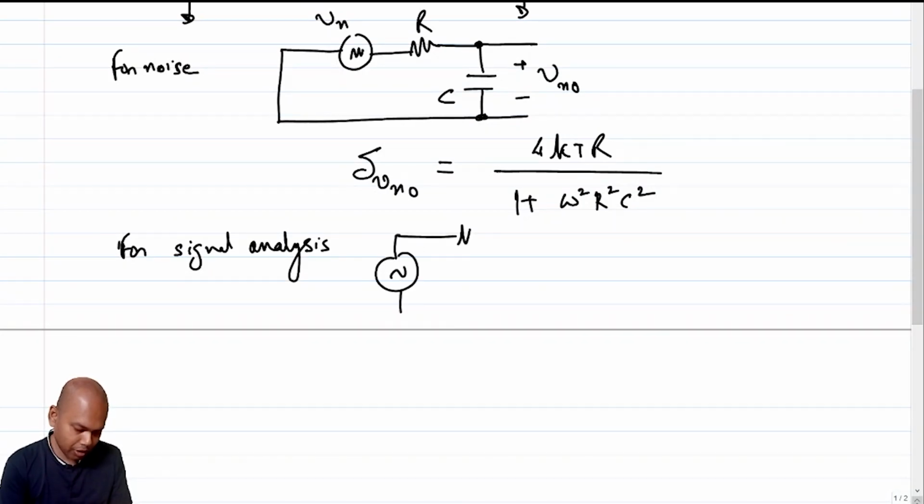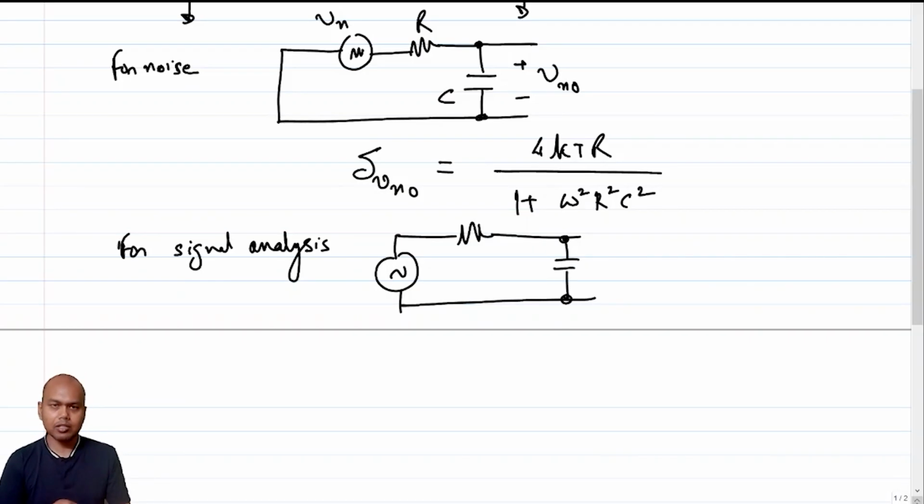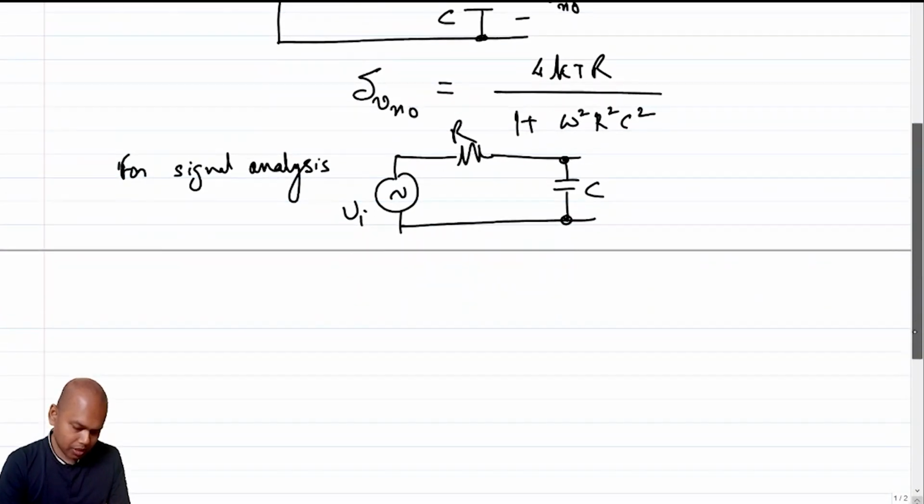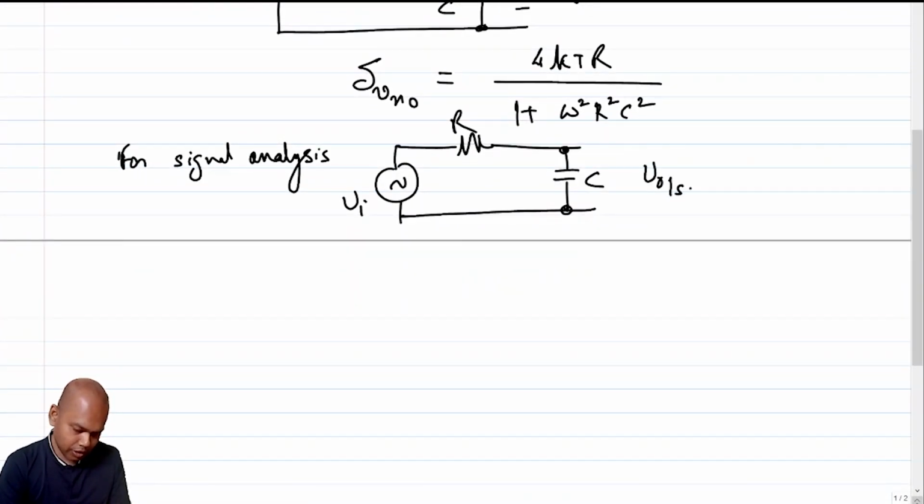Now again, this is all a part of the analysis. In reality, you will never be able to desensitize anything. All of them appear together. But since this is a linear time invariant network, or more particularly in this case a linear network, I can impose superposition and I take one source at a time. So what is your V0 signal?